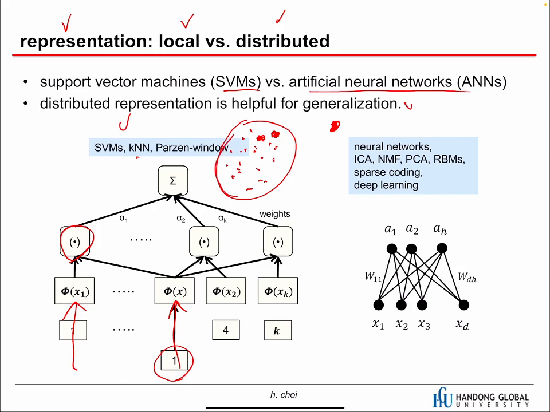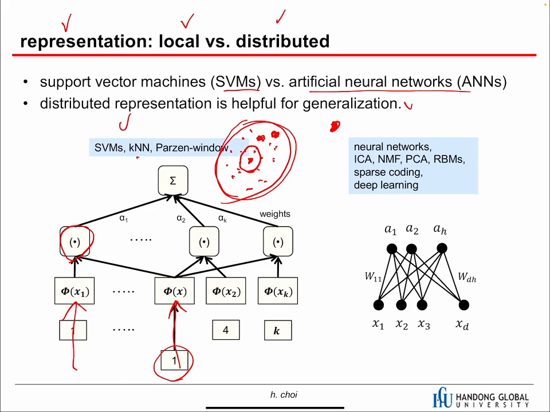We have a lot of samples, and to explain a new sample, we check the neighbors, and based on the neighbors, we classify this sample. So in the local representation, we check the samples locally, and then we represent that new sample based on the other samples.